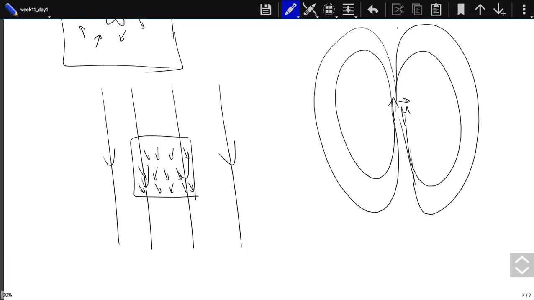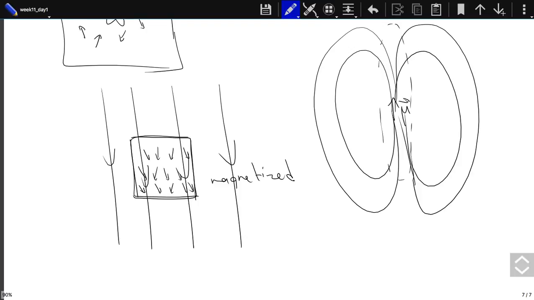At least in this region, close to the magnetic dipole, it creates magnetic field lines in the direction of the magnetic dipole. Are you following? So basically, the whole thing becomes magnetized to some level.